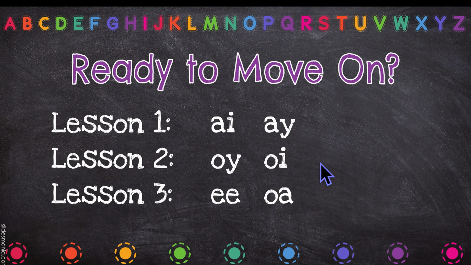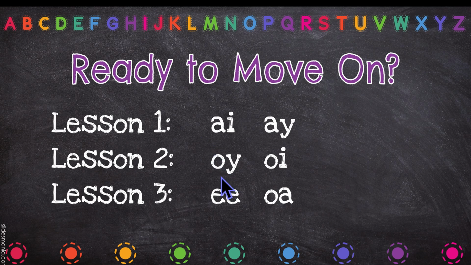Here is a quick little way to see if you are ready to move on or to see if there's a lesson you need to review again. Do you remember, without thinking too much, what this sound is? A. How about this one? A. If you had trouble with either of these, please go back and review lesson 1.